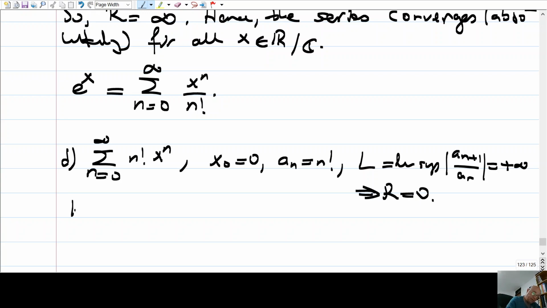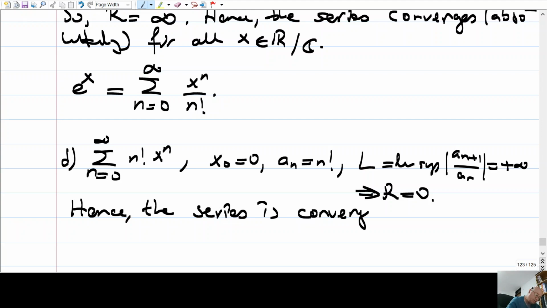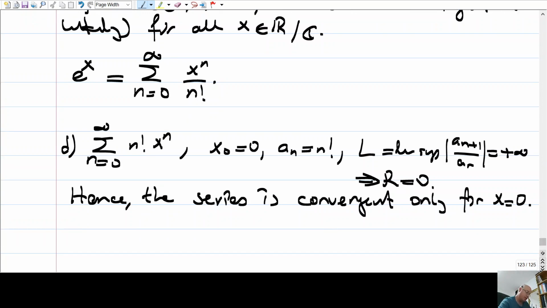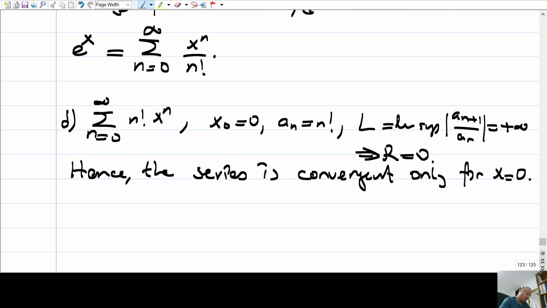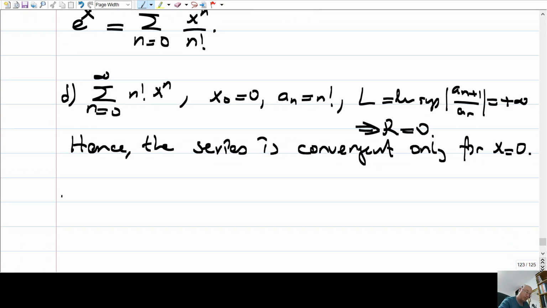So it means, hence, the series is convergent only for x equals 0. When I plug x equals 0, I just get the first term, it is 1, and it is convergent. Besides that, it won't be convergent. So only for x equals 0.